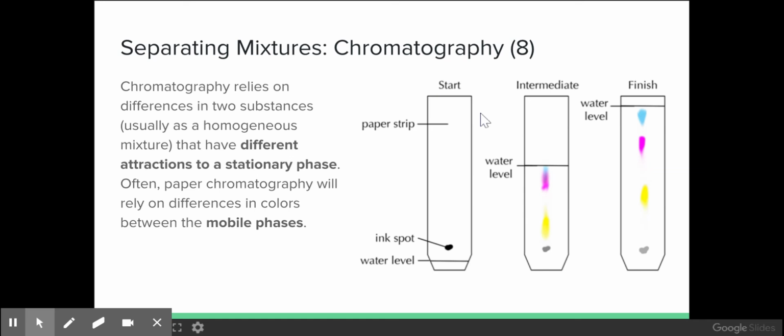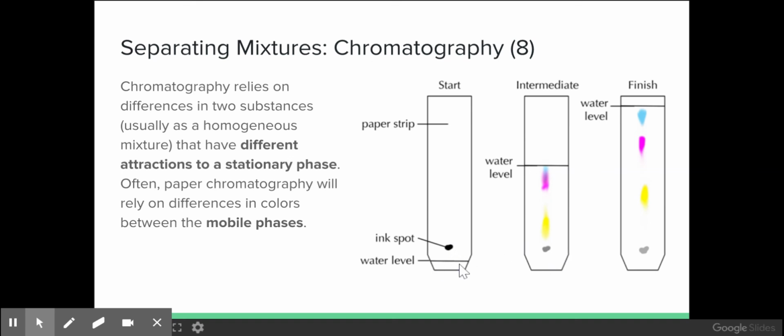When we do chromatography in the lab, it's usually a special type of paper that we're going to use. This paper has a line where we put a small sample of the mixture of the things that have different colors.